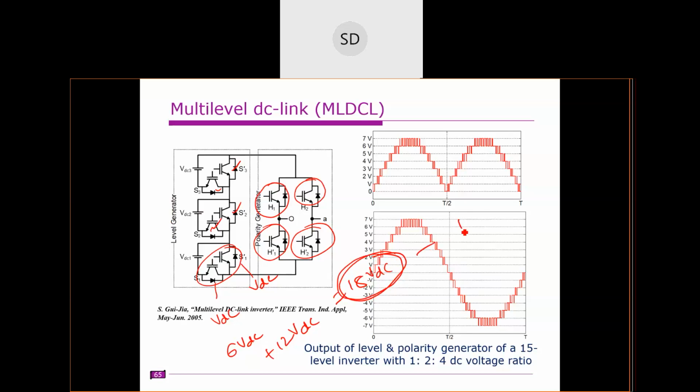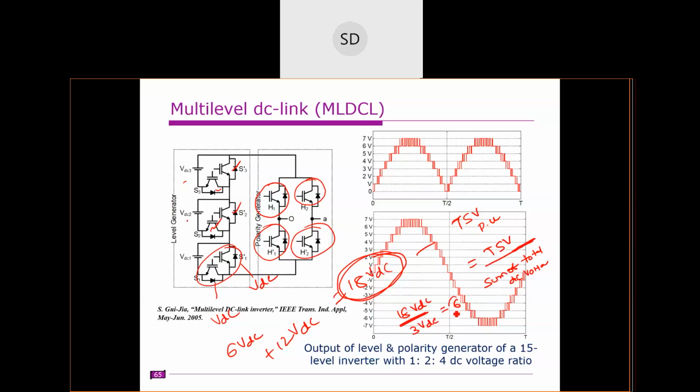In some papers, they will mention the total standing voltage in per unit form. So what is the formula for that? The total standing voltage divided by the sum of the total DC voltage. In this particular case, this is 18 VDC, and the sum of the DC source voltages is VDC1, VDC, VDC, VDC, so that is 3 VDC.